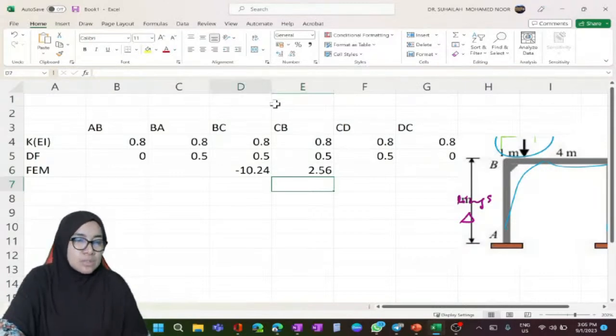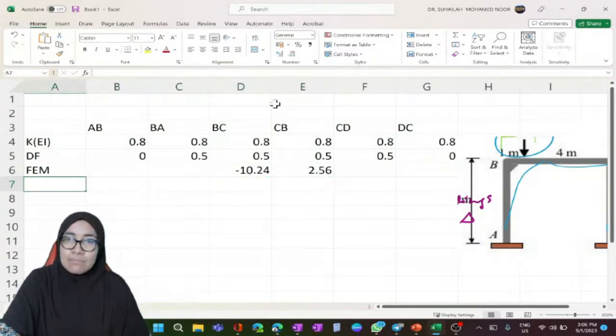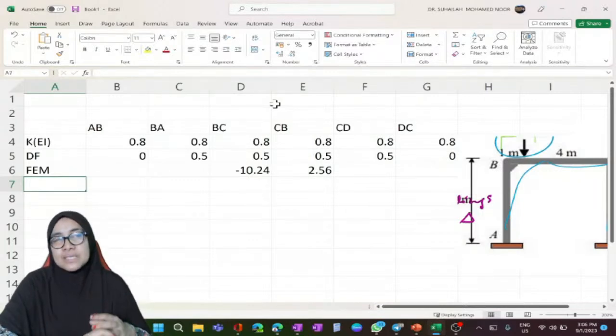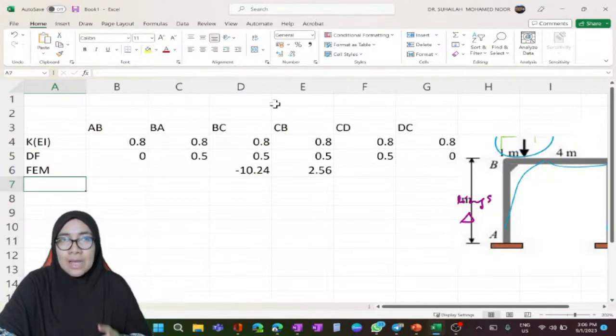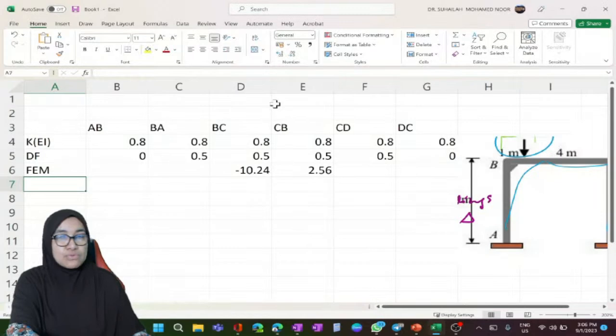As usual, like what we have done in beam analysis, after putting the FEM as the first moment in the table, the next step is distribution.